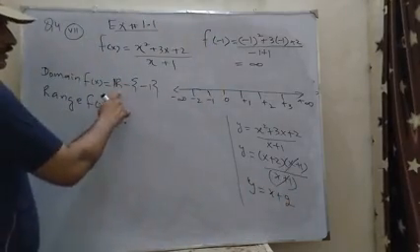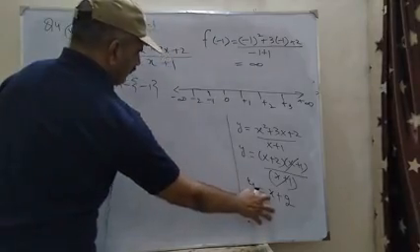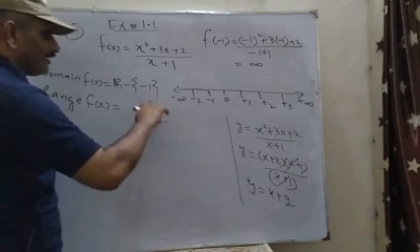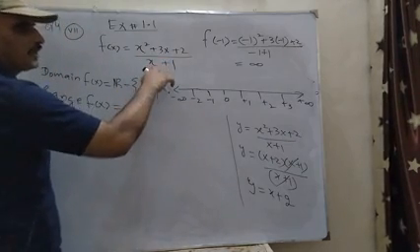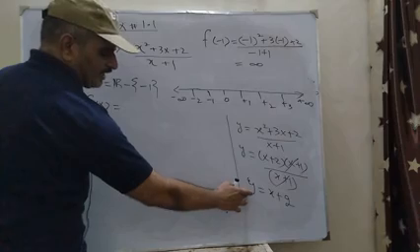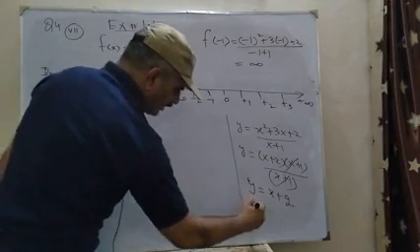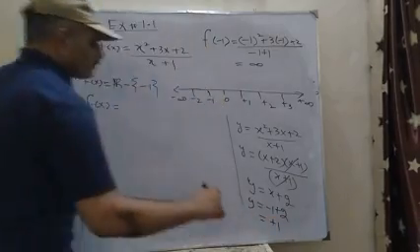Now you can see we can put any values of x as domain from this number line, but we can't put minus 1 because for minus 1 the function becomes undefined. If you put minus 1, you will get the value of y as plus 1.